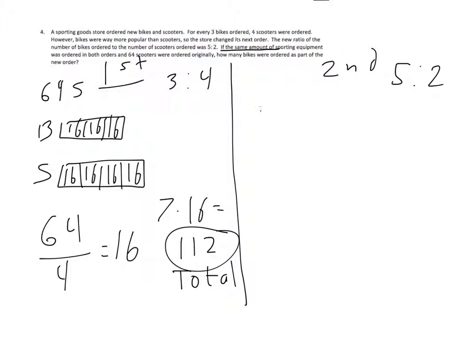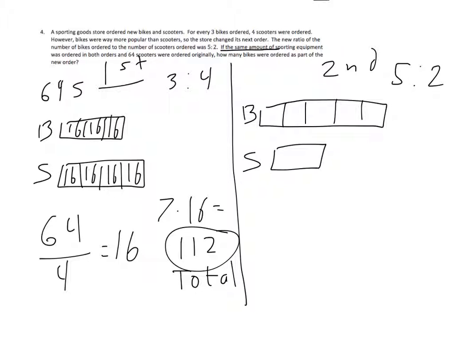Again, let's start with our tape diagram. We're going 5 bikes and 2 scooters. Now, what are we looking for? Are we looking for bikes or scooters? Well, we want bikes ordered as the new order, or second order. So we have to figure out how much each section is. Well, there are 7 total sections here: 5 for the bikes, 2 for the scooters, and 112 total.